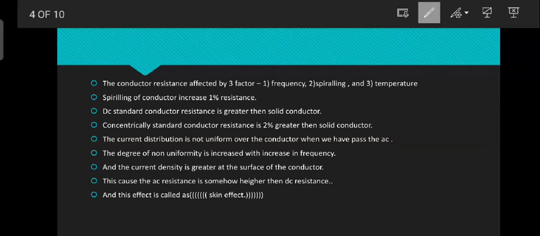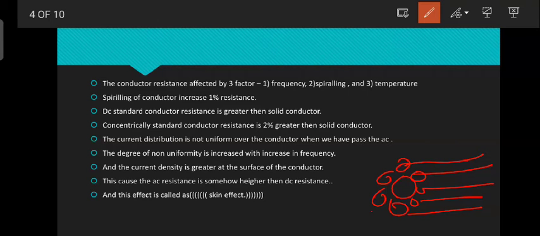Here there is a conductor. This conductor is made up of standard conductors like this. Many conductors are connected in this manner: conductor 1, conductor 2, conductor 3, conductor 4, conductor 5. These are called stranded conductors, placed to maintain strength, efficiency and power flow.